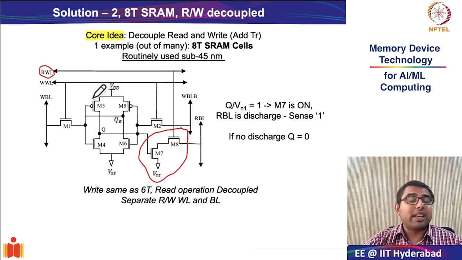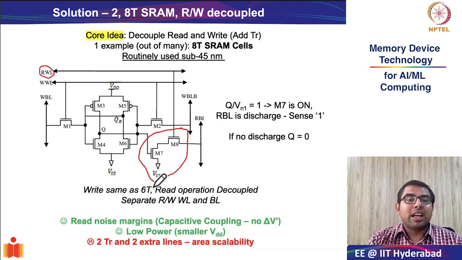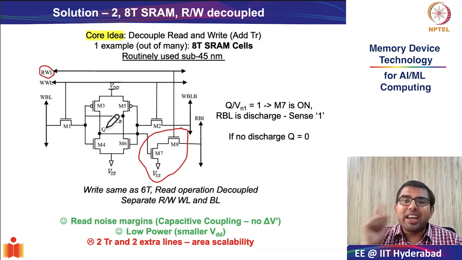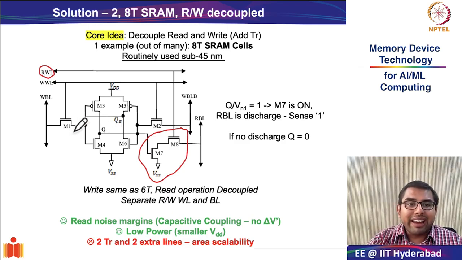So the answer to my question, why read was completely decoupled, is that in the earlier read operation, there was a read current which was flowing through M1 and M4, like we have been discussing several times.